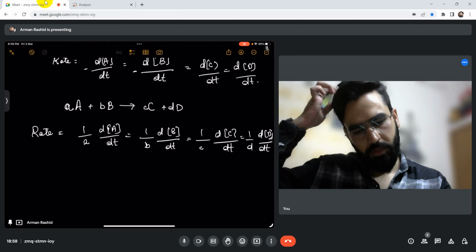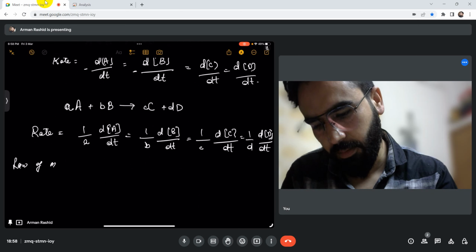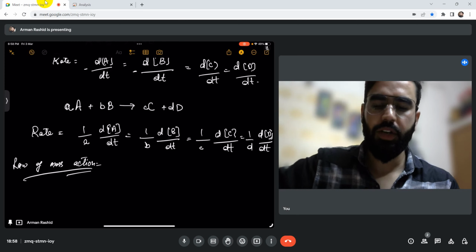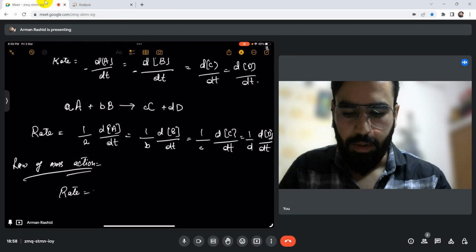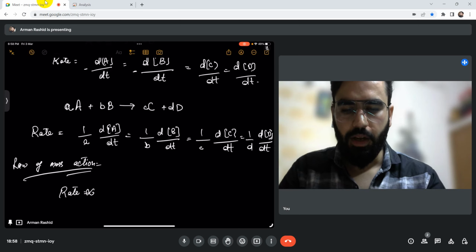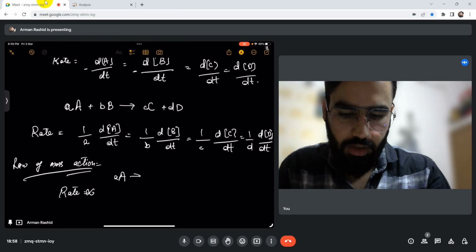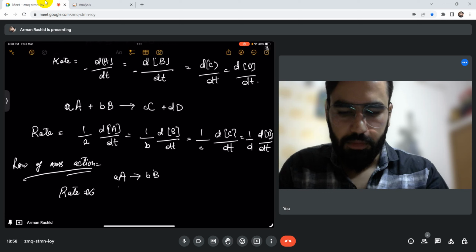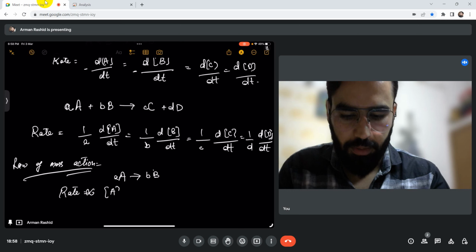Now you might have also heard about the law of mass action. It was given by Guldberg and Waage, who said that the rate of a particular reaction is directly proportional to the concentration of the reactants raised to the power of their stoichiometric coefficients.